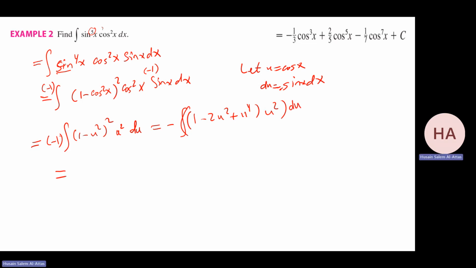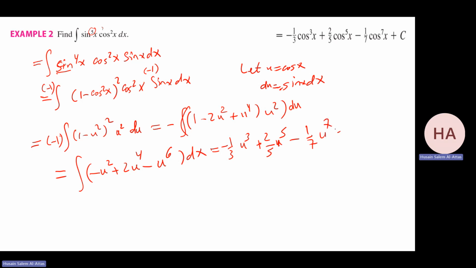That will be minus u squared plus 2u to the power 4 minus u to the power 6 du. And that is minus 1 over 3 u cubed plus 2 over 5 u to the power 5 minus 1 over 7 u to the power 7 plus c.